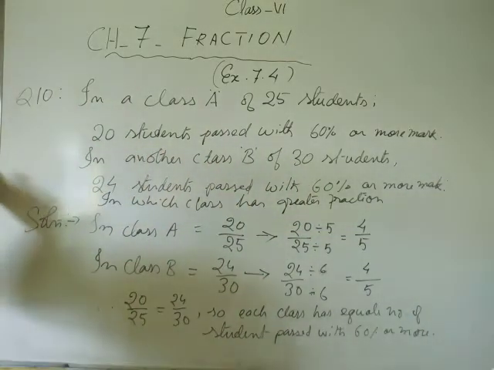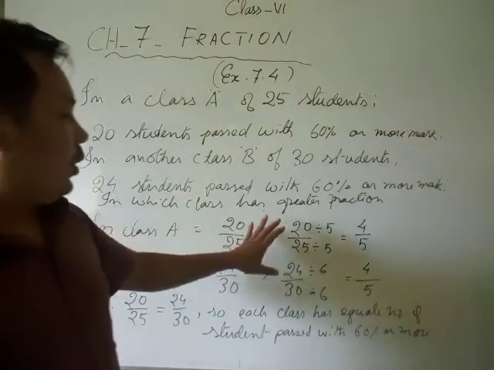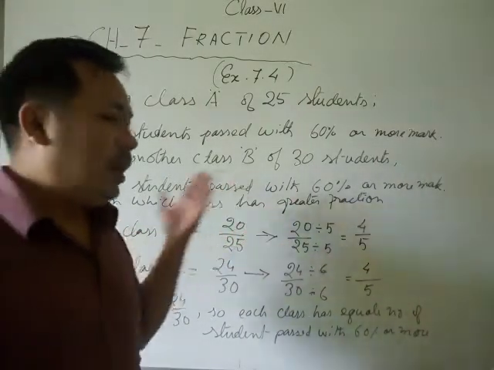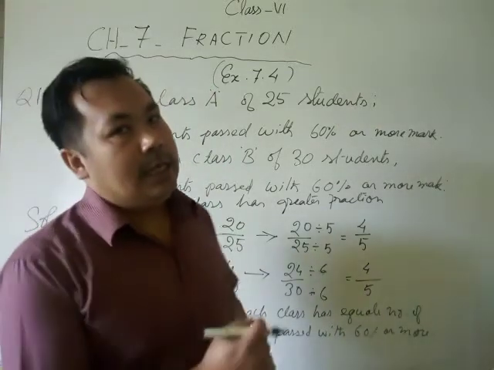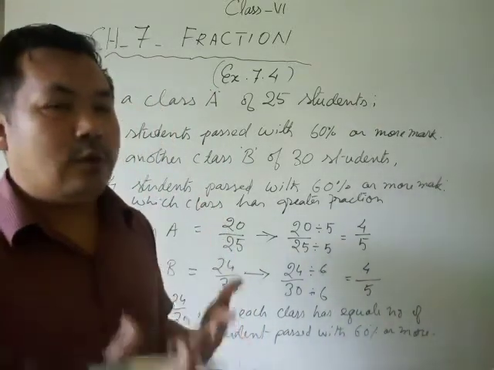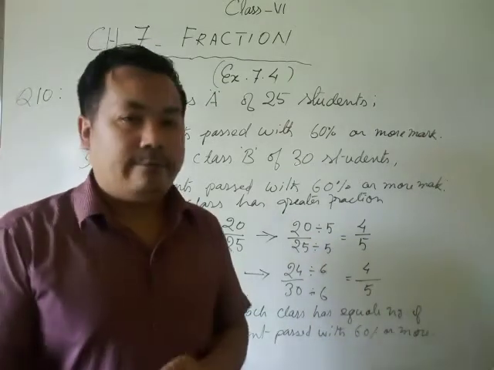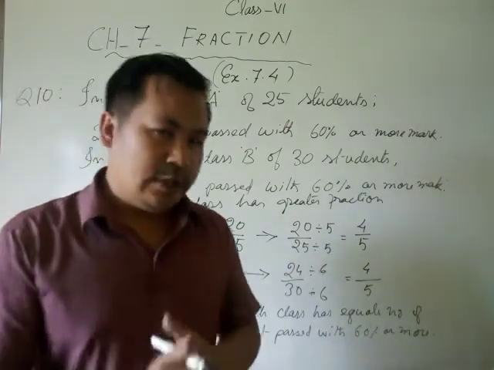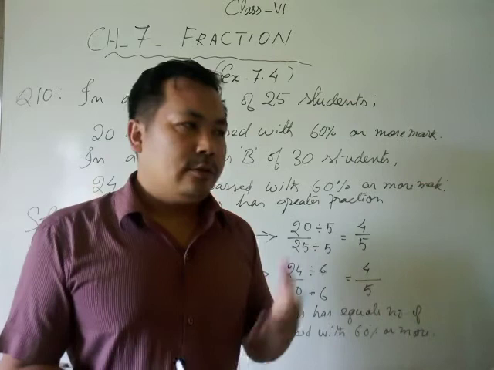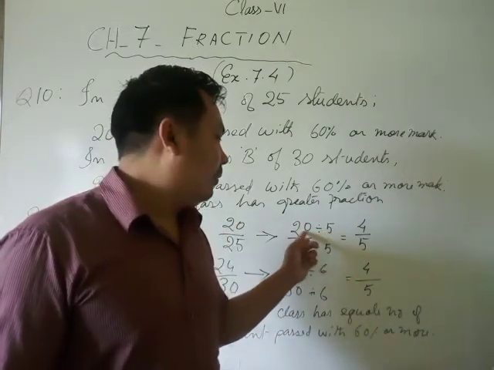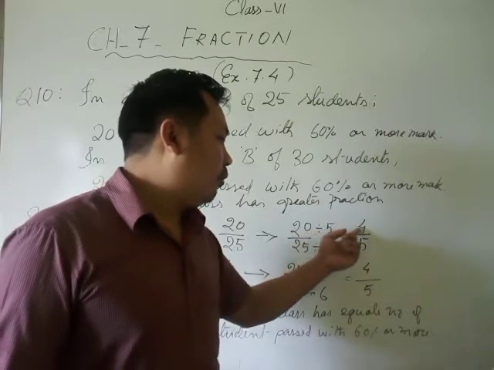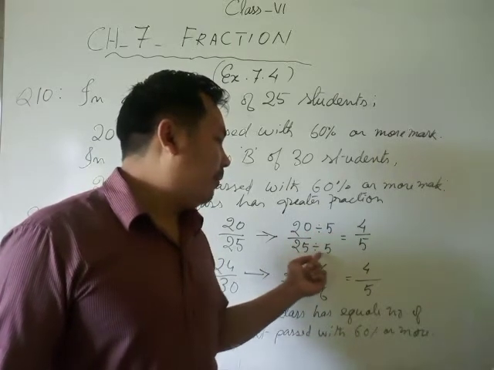Okay, my dear student, see here what we are doing. We are converting the fraction into the lowest form. How do we convert the fraction into the lowest form? We take the HCF. You know how to find the HCF, isn't it? So take the HCF and divide. The HCF is 5, so 20 divided by 5 is 4, and 25 divided by 5 is 5.